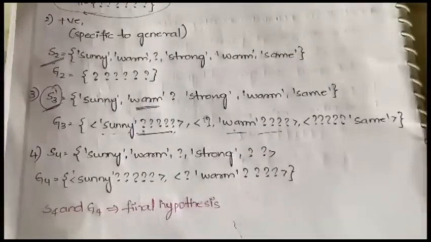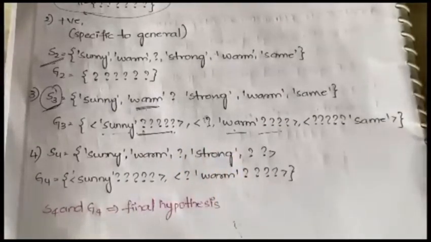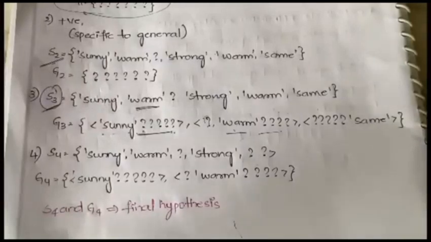Earlier, we had sunny, warm, same in G3, but since same is no longer present in S4, that part is removed. The remaining hypotheses stay the same.